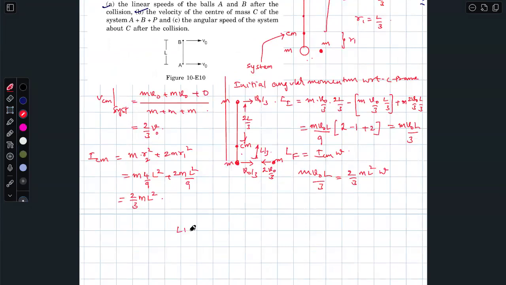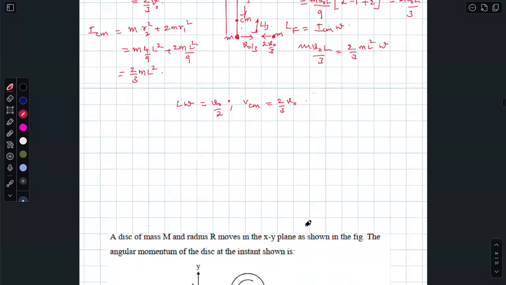L omega is nothing but, 3 gets cancelled, V naught by 2. Right. And you already know the velocity of center of mass is 2 by 3 V naught. You already know this. Now you want any point, like for example, you want the velocities of these points.